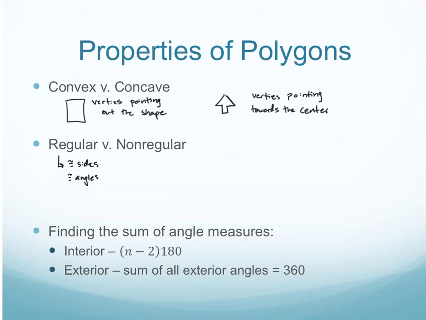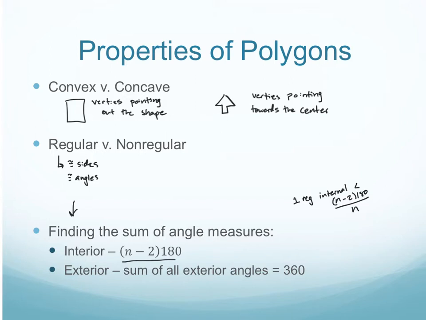Okay. Then down here we have our angle measure equations. To find the sum of the interior angles, you would use this equation. And then if you were looking for one regular internal angle, you would take that equation, n minus 2 times 180, and divide the whole thing by n, the number of sides.